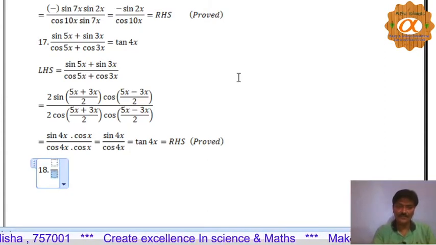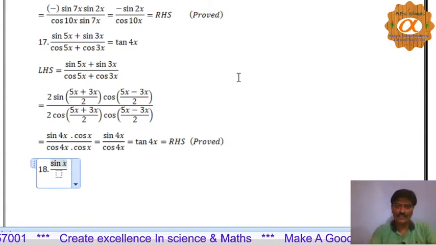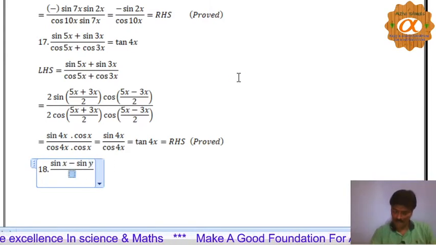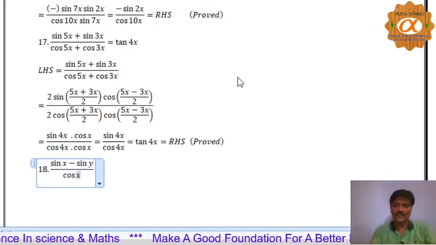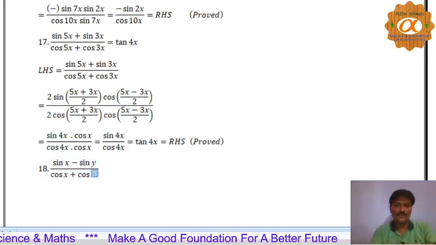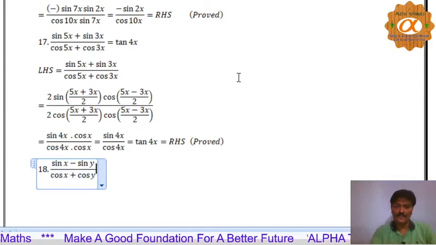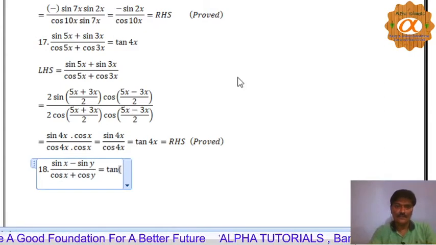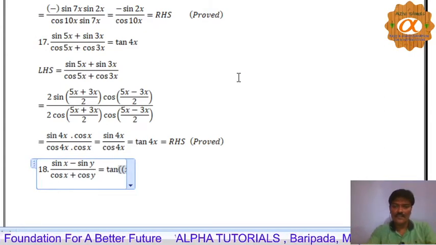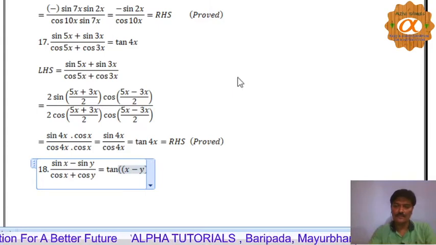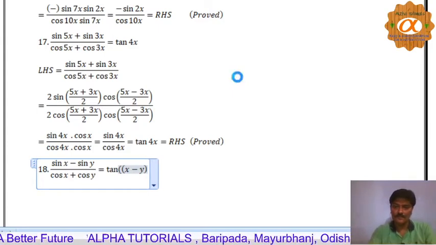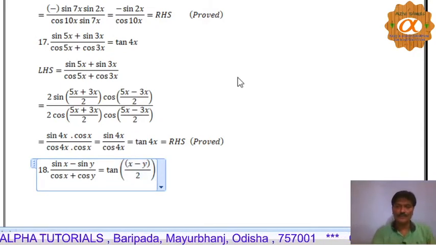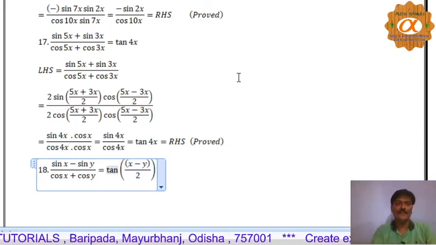I am writing it: sin x minus sin y by cos x plus cos y is equal to tan x minus y by 2. That we have to prove. Now I am taking the LHS part again and applying the formula.